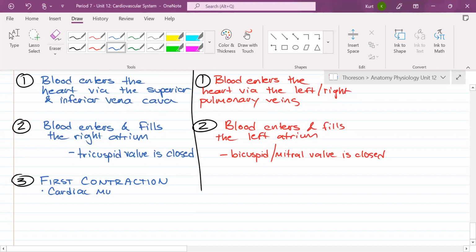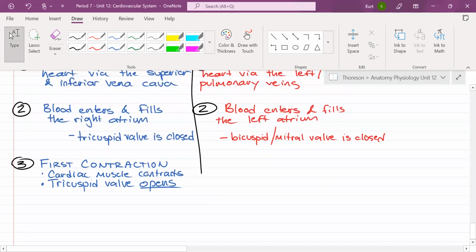Cardiac muscle contracts, the tricuspid valve opens, and now that the tricuspid valve has opened, where will blood flow into? The right ventricle.